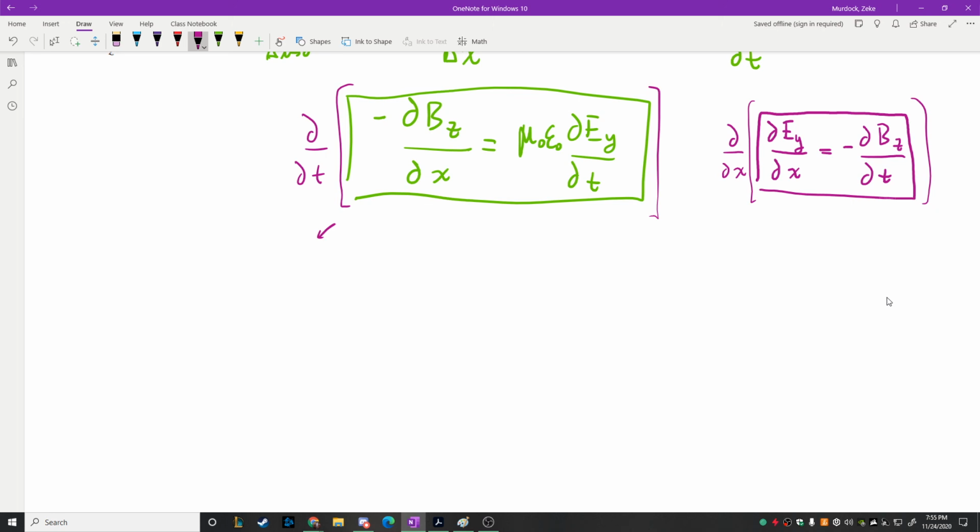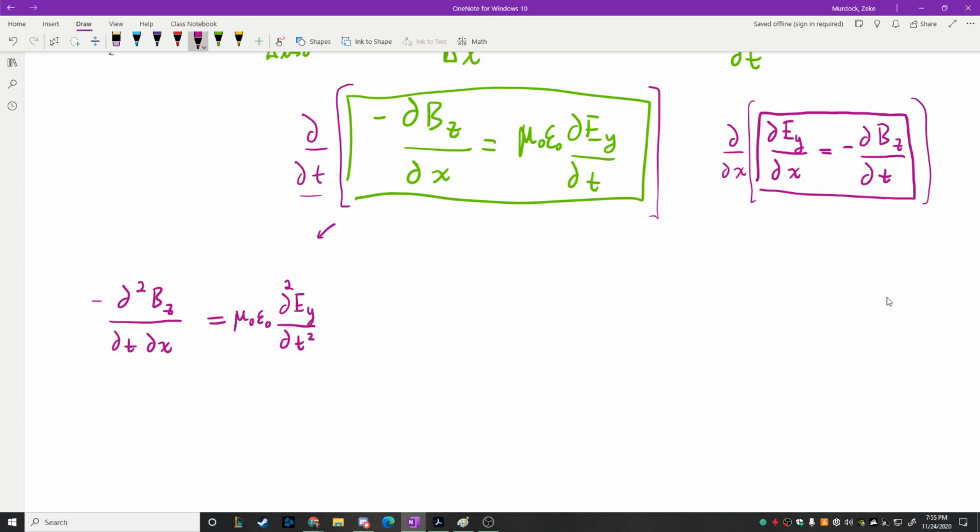So, the left-hand equation, if I take the partial derivative with respect to time, in the numerator I'll have negative second derivative of bz, but it's a mixed partial, del t del x. On the right-hand side, because this is already a derivative with respect to time, we'll get mu naught epsilon naught, and then del ey, but it's now a second derivative with respect to time.